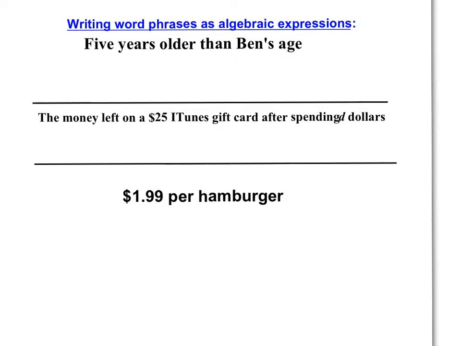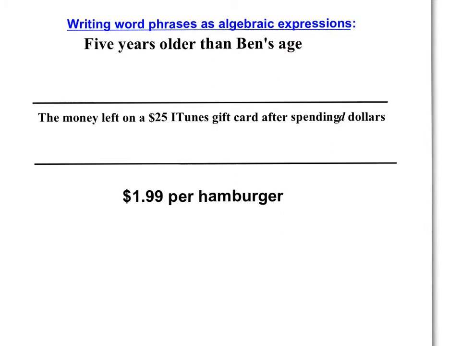Again, here's word phrases. We're going to write those as algebraic expressions. Again, we have to figure out what the variable is and we have to define it. So our first scenario is 5 years older than Ben's age. All we know is that 5 years older than Ben's age. So let's say I'm talking about you. I know you're 5 years older than what Ben's age is.